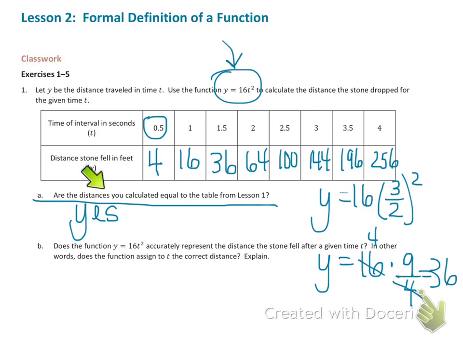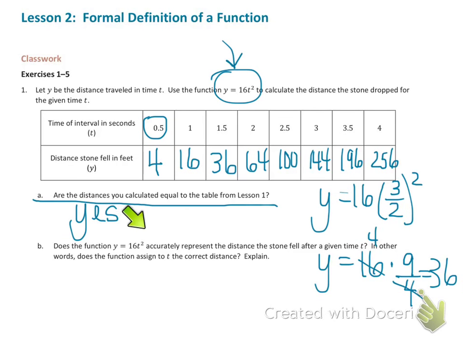and that matches what we had observed measuring the stone actually falling. So it's a good predictor. This formula representation of the function is a valid predictor of the distance the stone dropped for any time t. So that's the answer to part B. Does the function y equals 16t squared accurately represent the distance the stone fell after a given time t?